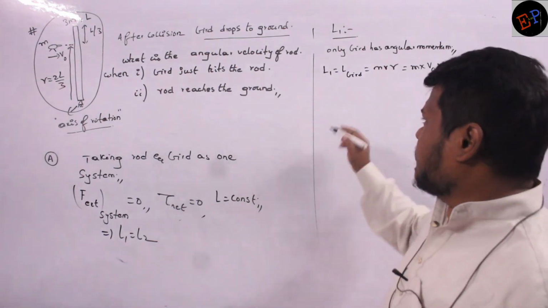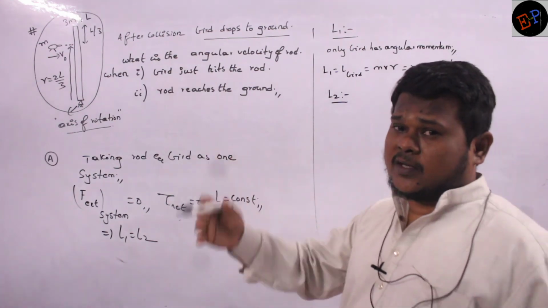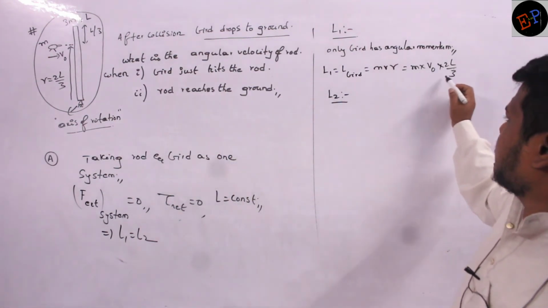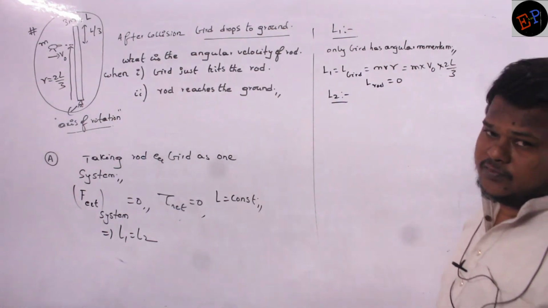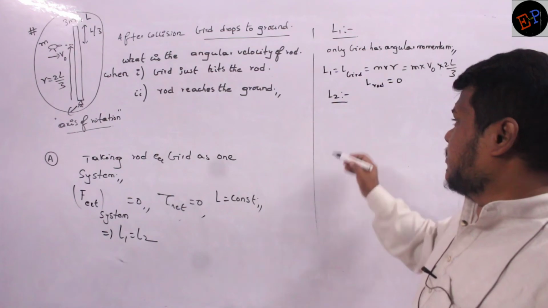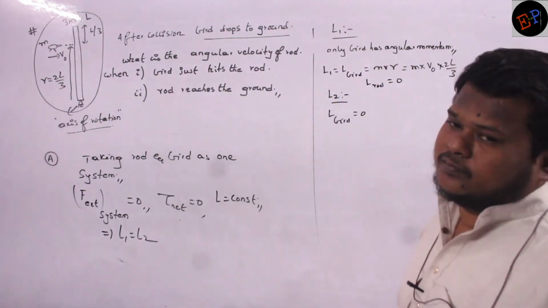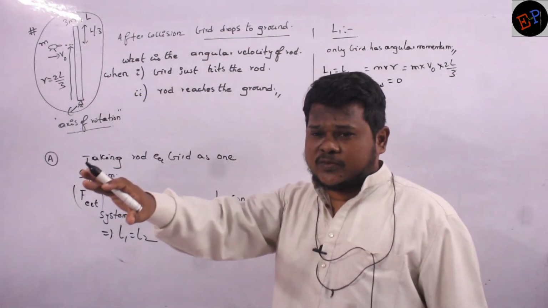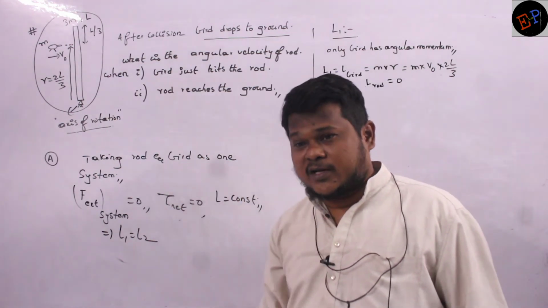Now L2. What is L2? The final angular momentum of the total system. Here the angular momentum of the bird is this much, and the angular momentum of the rod is 0 initially. Finally, the angular momentum of the bird is 0, because after striking, the bird comes to rest. As soon as it strikes the rod, the bird has become silent.